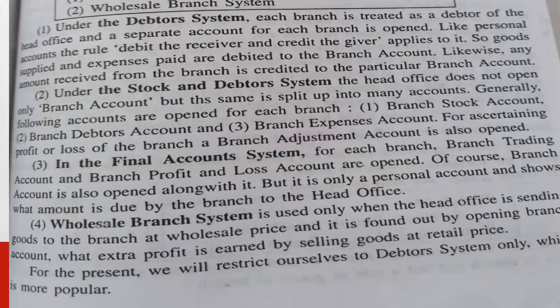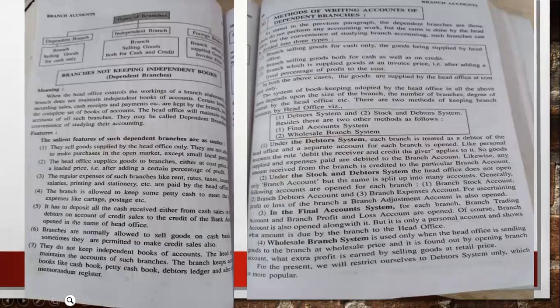And the wholesale branch system is used only when the head office is sending goods to the branch at wholesale price and the branch is selling the goods at retail price. Then the wholesale branch system will be followed. Okay. Mostly right now we are using the debtor system only, because it is the most popular system. Clear?